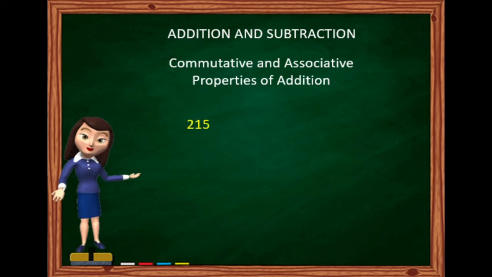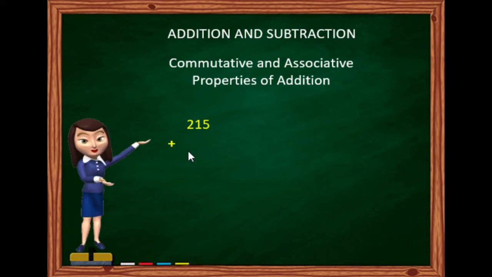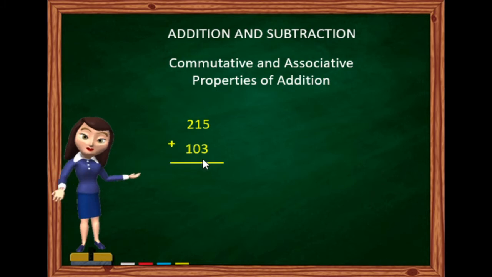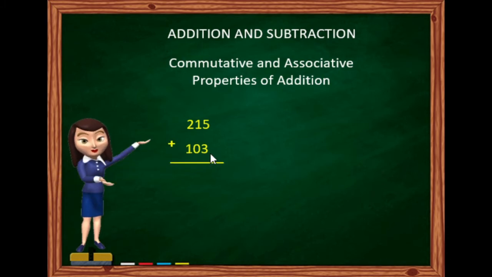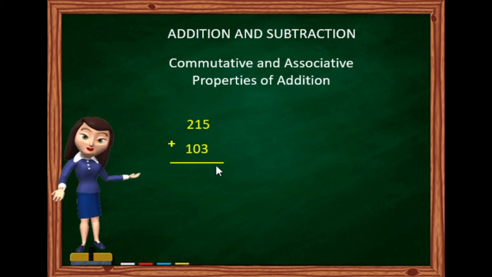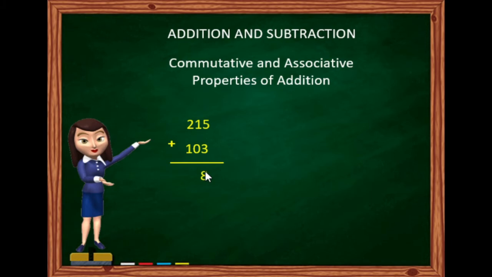Another example, we have 215 plus 103. Make sure numbers are aligned and begin adding or subtracting at the rightmost part. So we get 8, 1, and 3.